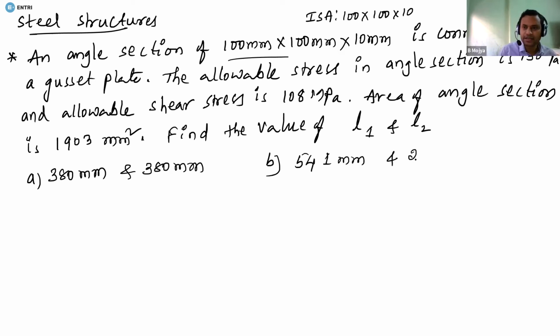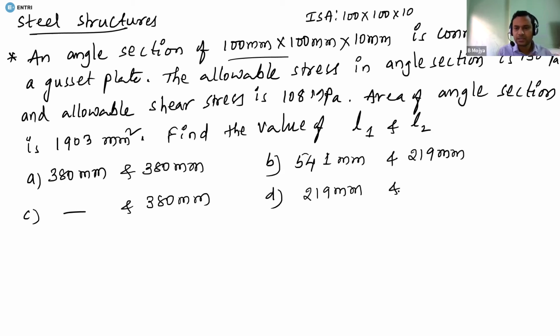I guess while practicing the questions, you have noticed this point. In option C the first value is not known, but the second value is 380 millimeter. Option D is 219 millimeter and 541 millimeters. This is what is given, and I'll just draw the diagram.